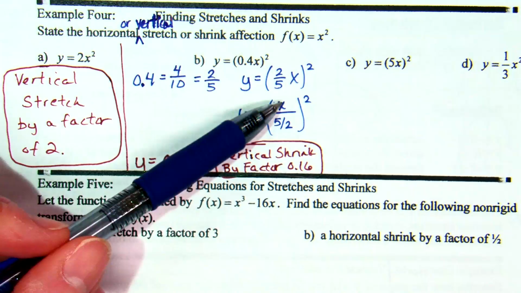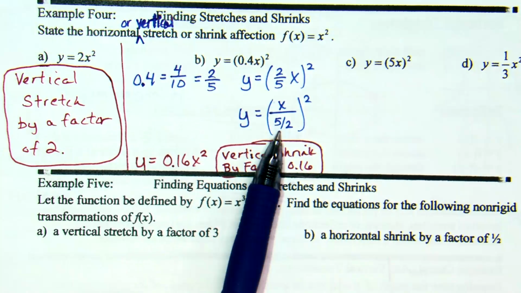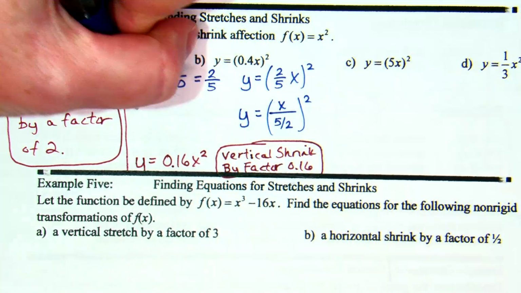So when we're in the form x divided by c, this is a horizontal what? Wait, what is my c value? 5/2. What is 5/2? It's higher than 1, because 5/2 is 2.5.